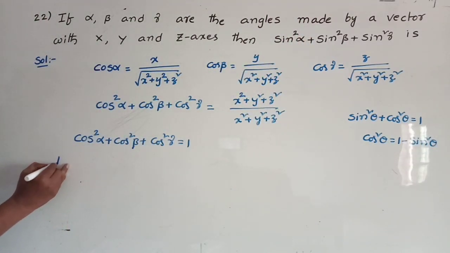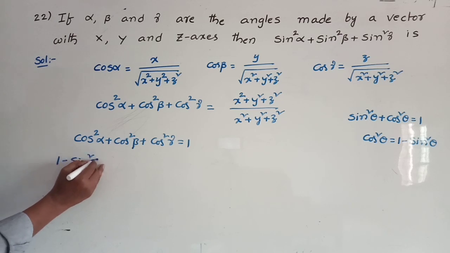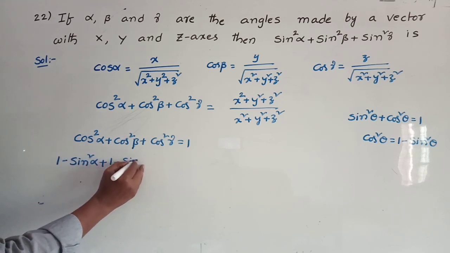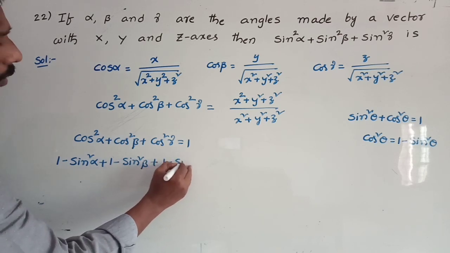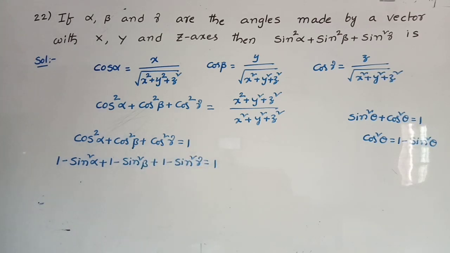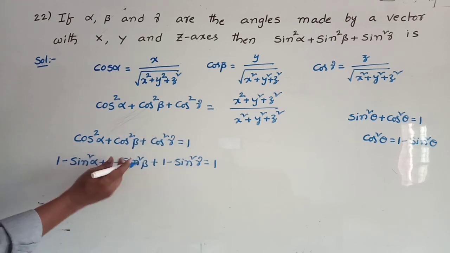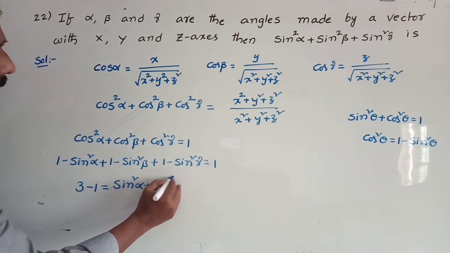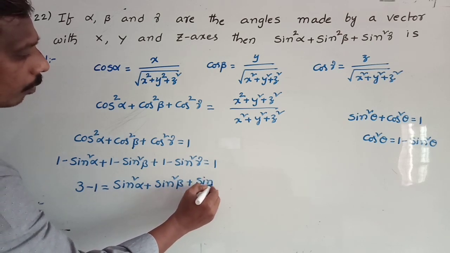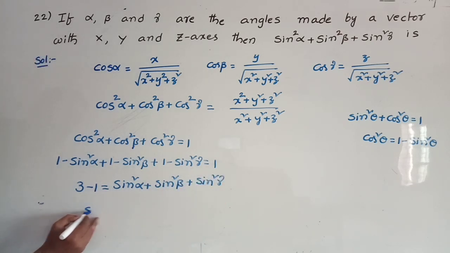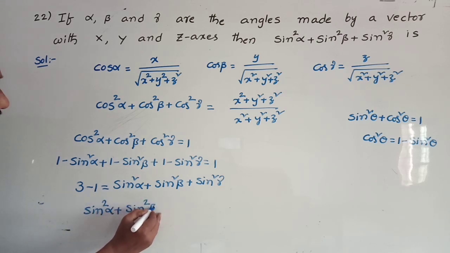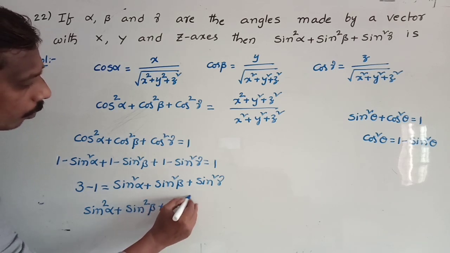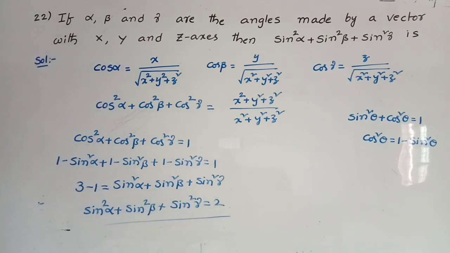From that we can write (1 minus sin square alpha) plus (1 minus sin square beta) plus (1 minus sin square gamma) is equal to 1. 1 plus 1 plus 1 is 3. Take the 1 to this side: 3 minus 1 is equal to sin square alpha plus sin square beta plus sin square gamma. So finally we can write sin square alpha plus sin square beta plus sin square gamma is equal to 2.